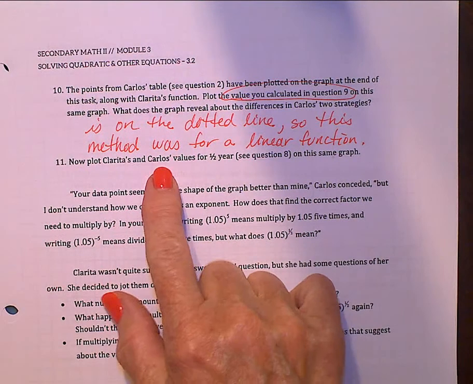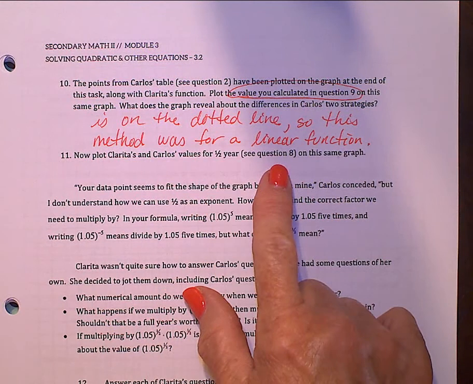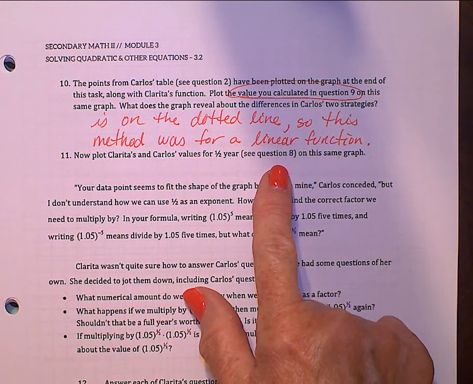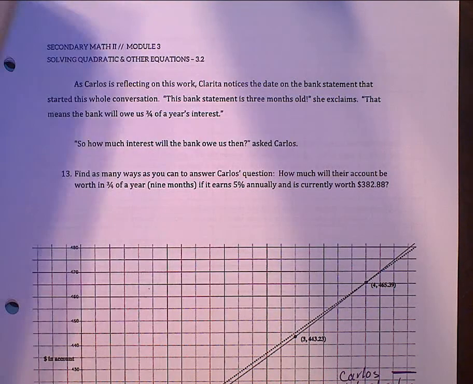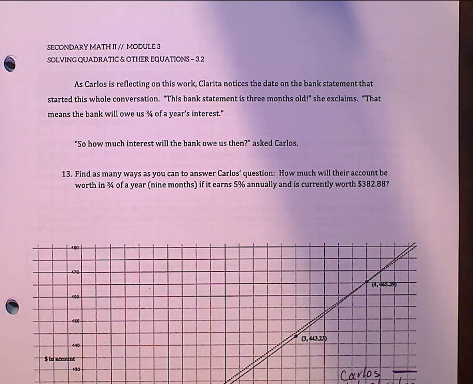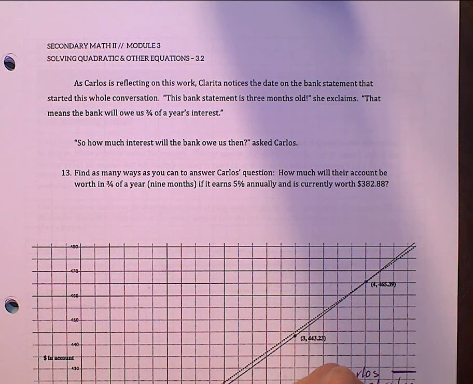Okay, now plot Clarita's and Carlos's value for the half year, which was question 8. At the half year, oops, I did that last one wrong, number 9. I was thinking I was on the half year. That's wrong. Oh my goodness, I'm sorry. At the 2-year point was 424, which was right there.